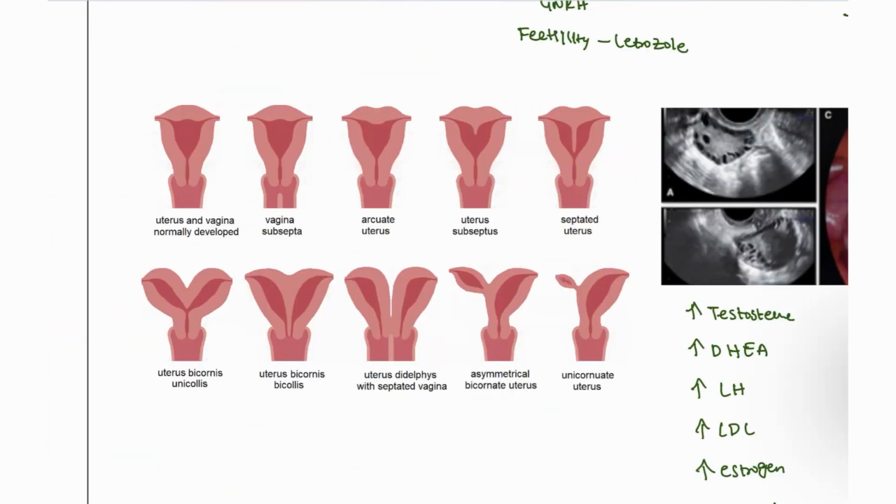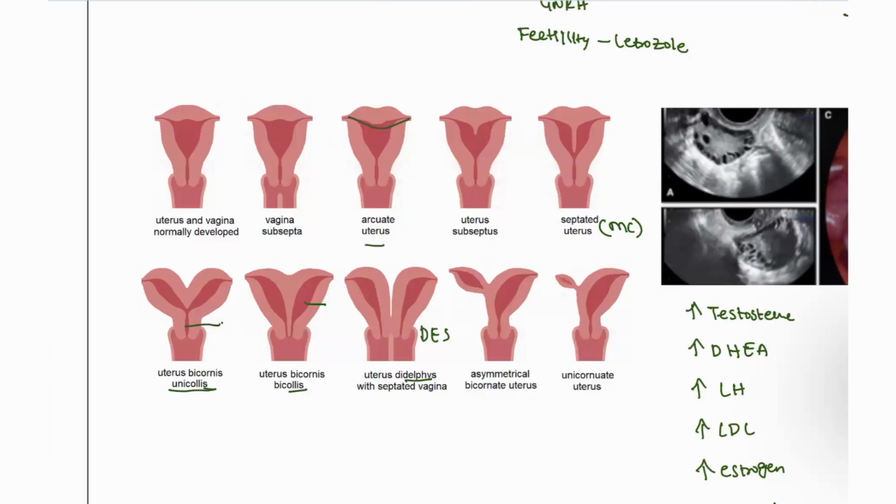Next, uterine abnormalities. Here you can see the most common is the septate uterus. This is the most common cause, and this is the arcuate uterus where you are going to see this kind of shape, and this is bicornuate unicollis. Only one vagina, but here two vaginas and two uteri, and this is complete didelphys associated with diethylstilbestrol.